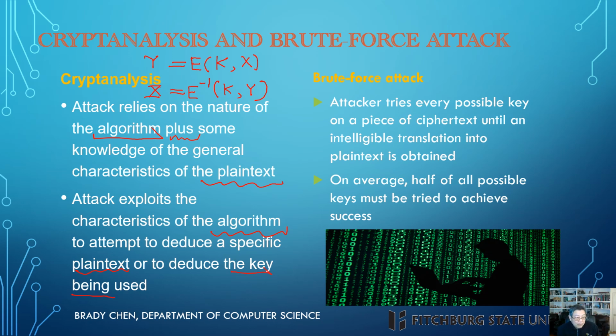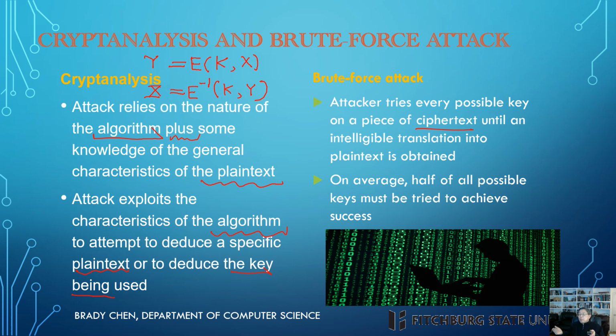Now, let's talk about the brute force attack. It's a specific type of attack. In a brute force attack, the attacker tries every possible key on a piece of ciphertext until an intelligible translation into the plaintext is obtained. There's one condition: when you use the brute force attack, you have to attack an algorithm with a limited number of keys.